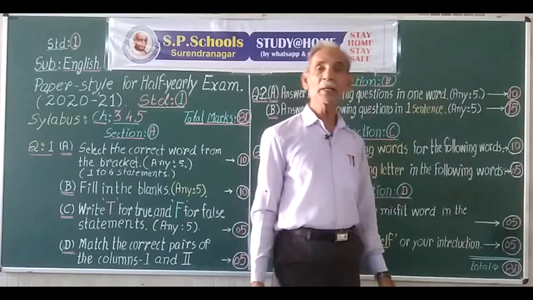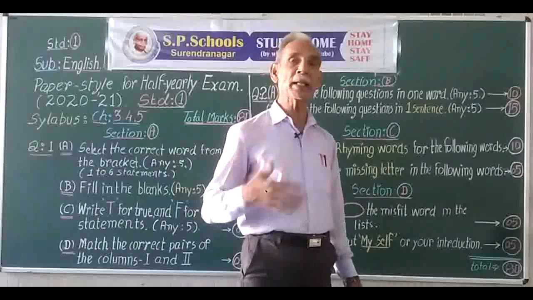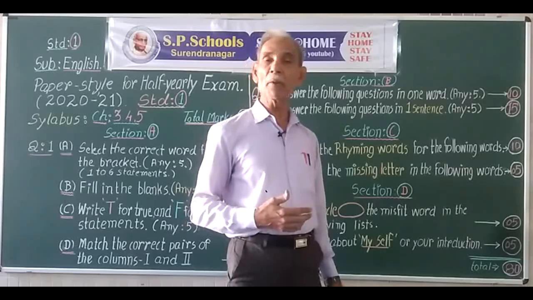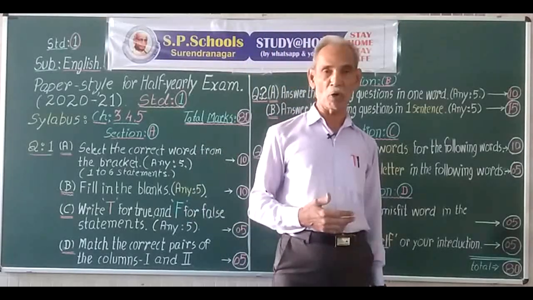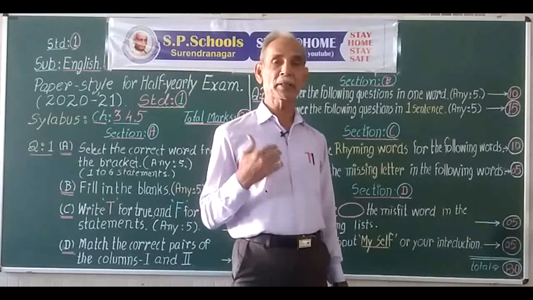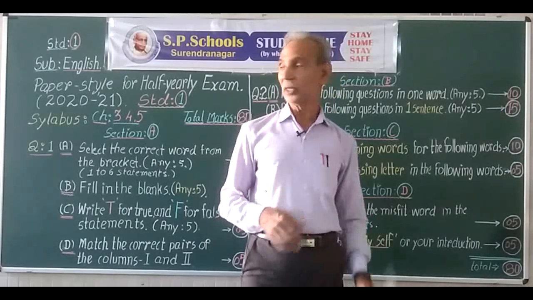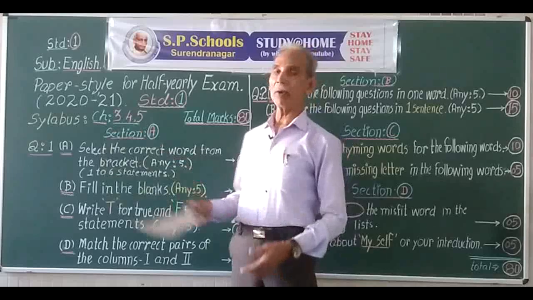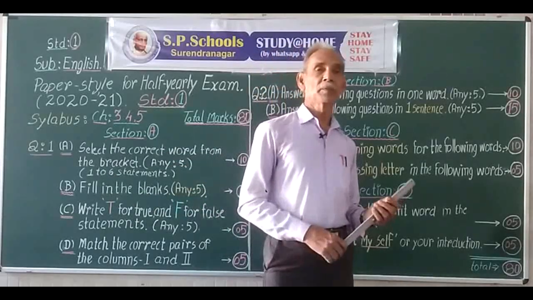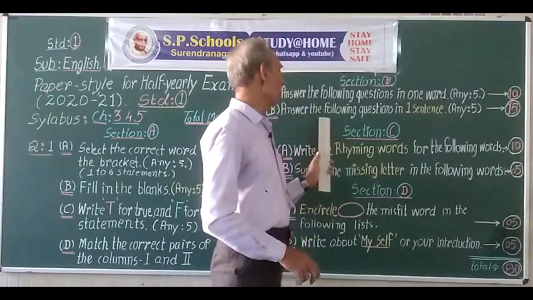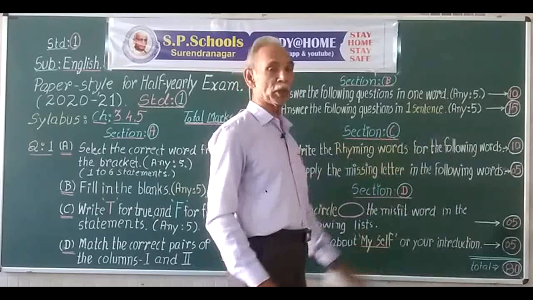So try to prepare, revise and rewrite a number of times such questions which we have already discussed in our exercises and discussions of various chapters 3, 4, 5. You have to answer these questions in one sentence only.